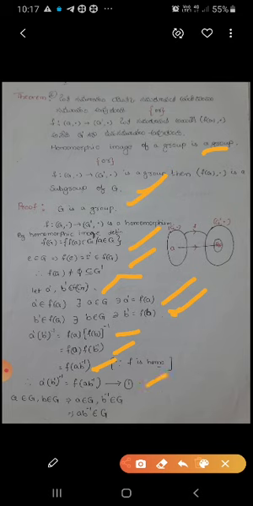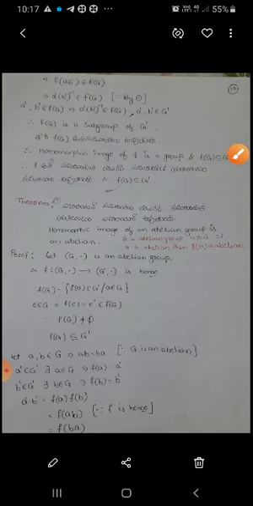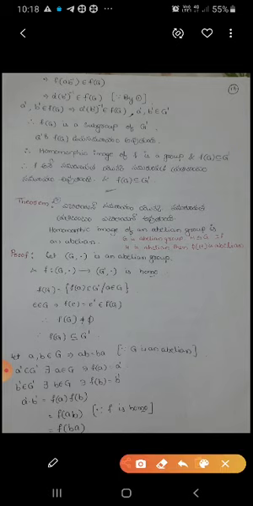So a belongs to G, b belongs to G implies a belongs to G, b^-1 belongs to G. That implies ab^-1 belongs to G. So f(ab^-1) belongs to f(G), implies a' b'^-1 belongs to f(G), since by 1.